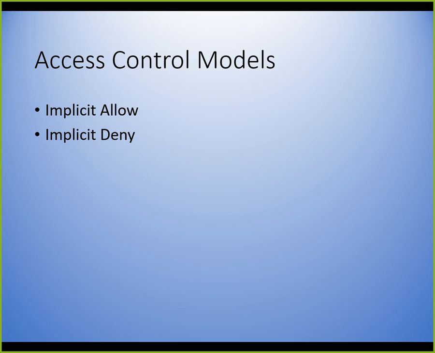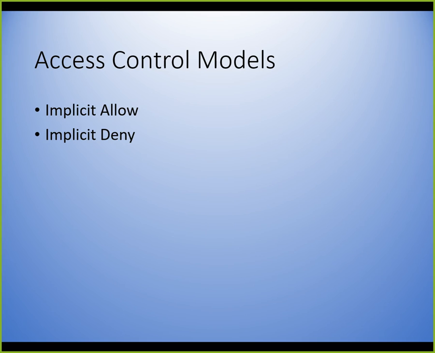The implicit deny is probably going to be safer, because if we forget to permit something, not such a big deal because it's not going to destroy our network. We can always go back and add that permit to those things.